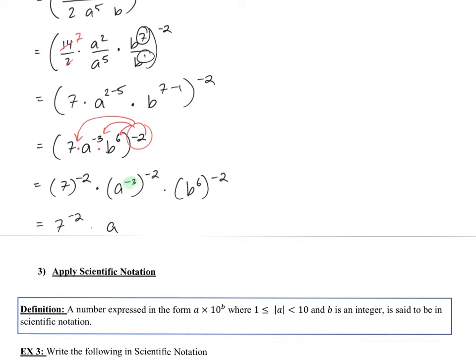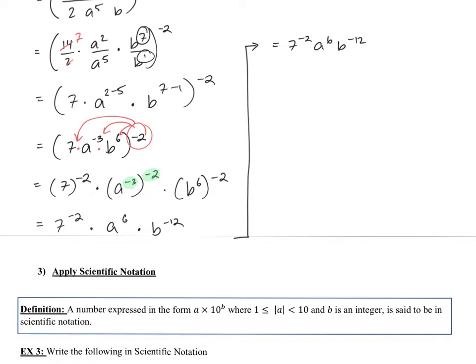That is negative 3 times negative 2, which is 6, times b to the 6 times negative 2, negative 12. Once again, here I am using my arrow to let you know where I'm going with my work. I'll rewrite this, so 7 to the negative 2, a to the 6, b to the negative 12.